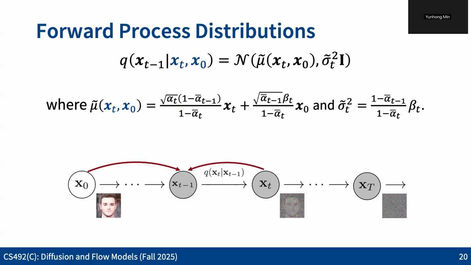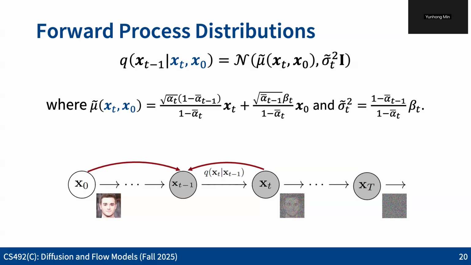And what we just derived was sampling the xt minus 1 by seeing both the x0 and the xt. That is interesting because if we didn't have the conditioning on the x0 here, that's exactly the reverse transition process, right? Sampling the xt minus 1 from the xt. But what if we have not only the xt, but also the x0, which is some future information in the reverse process?